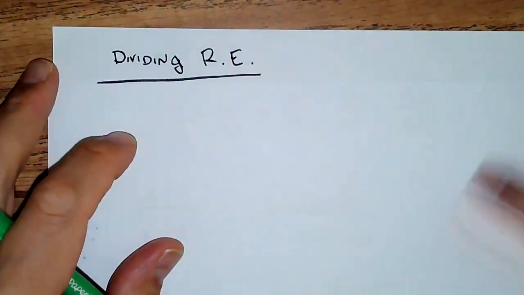Now I'm going to be dividing rational expressions, and the only difference between multiplying and dividing is just this little step, okay?